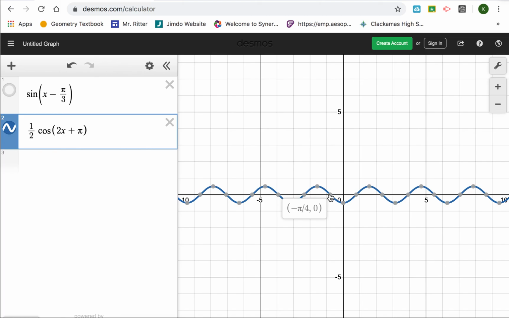We went to that midline or x-intercept there at negative pi over 4. The minimum happened at 0, our minimum value being negative 1/2. Coming back up, back to the x-axis or midline at pi over 4, and then finishing it off back at the maximum at pi over 2. Again, Desmos, nice little handy tool to help you check your work.